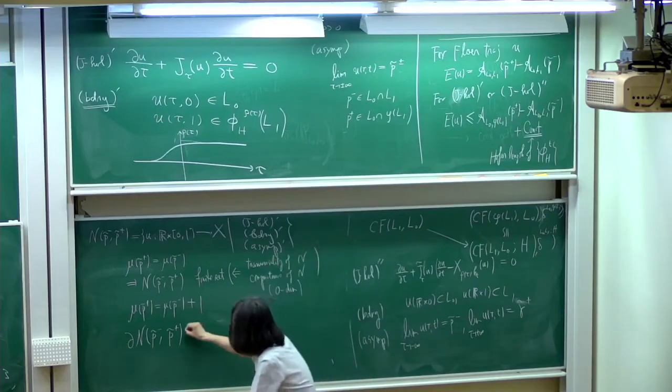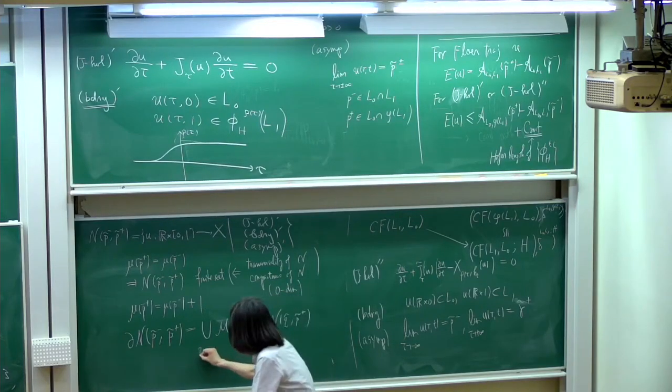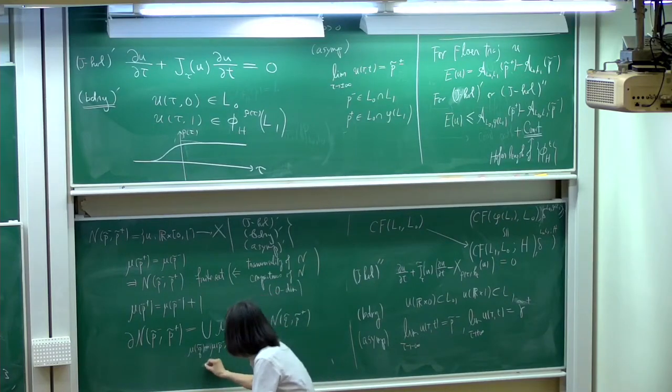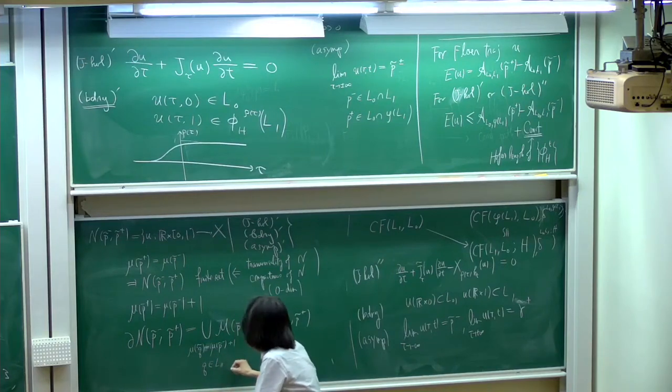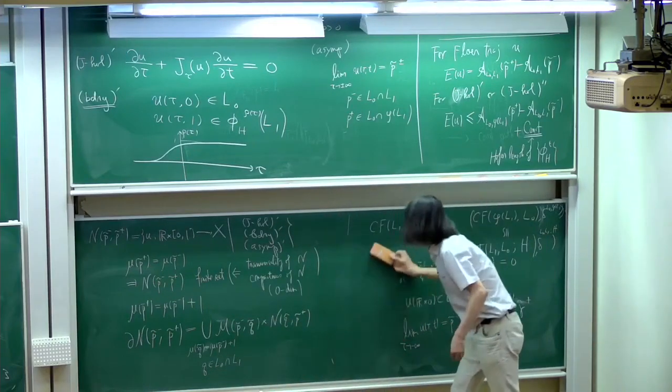It is written in a very similar way as before, but here I have M of p tilde minus and maybe I write it q tilde, and then here I have N of q tilde and p tilde plus, and here q tilde has index equal to mu of p tilde minus plus 1, and this point q is the intersection point of L0 and L1, a constant path.